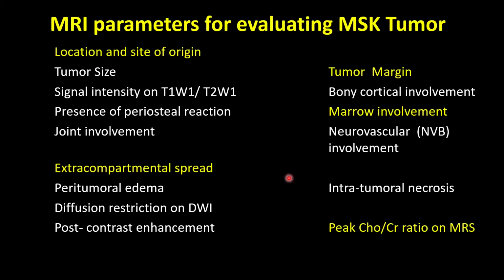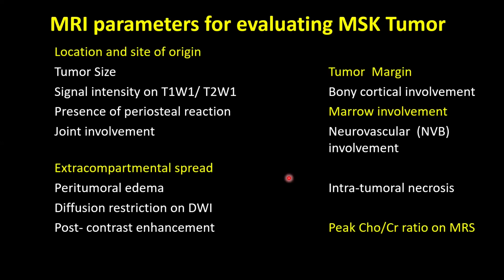When you get any case of soft tissue tumor or MSK tumor, we have to evaluate the location and site of origin of the tumor. We have to find out the epicenter, the tumor size, the signal intensity on T1, T2 images, and any presence of periosteal lesions.